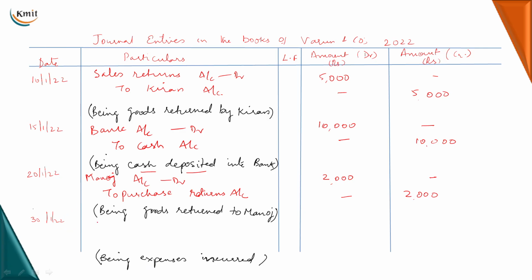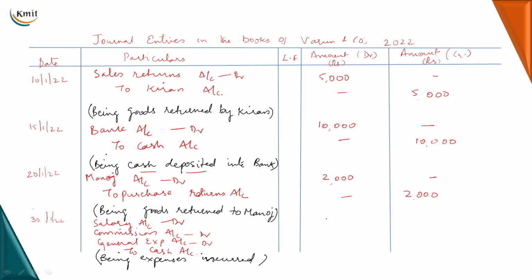So the journal entry for this would be a combined one: salary account debtor, commission account debtor, general expenses account debtor, to cash account, as all are in cash form.